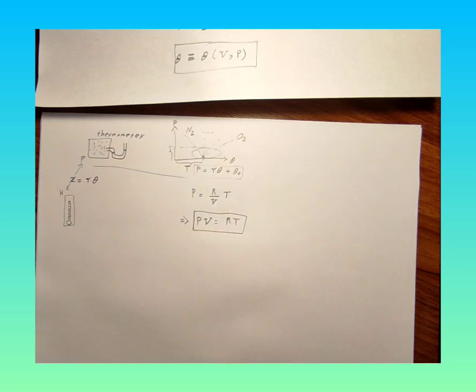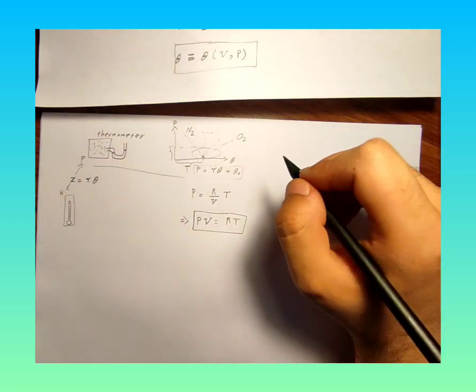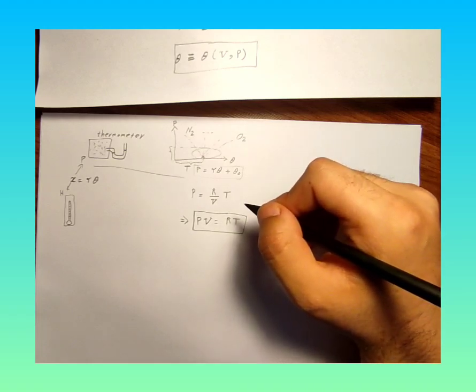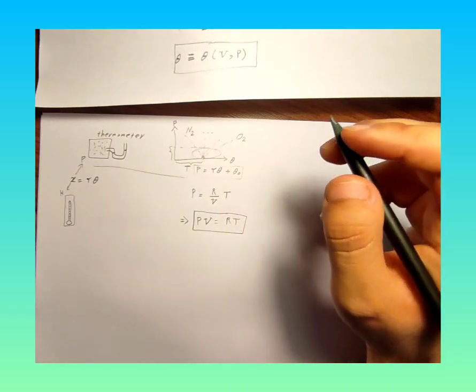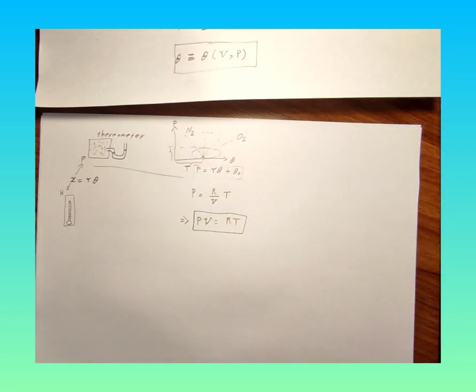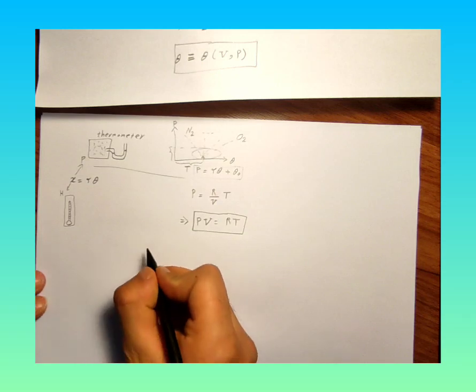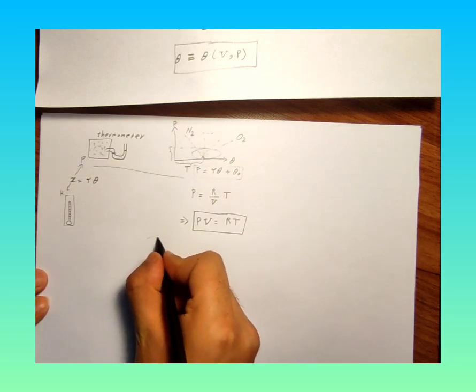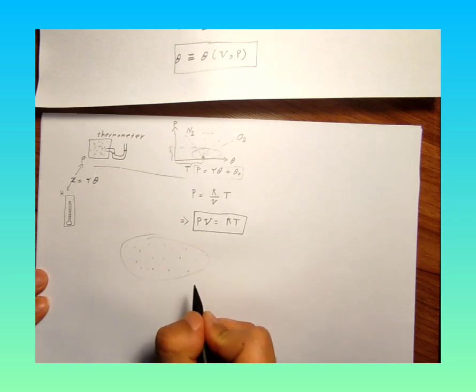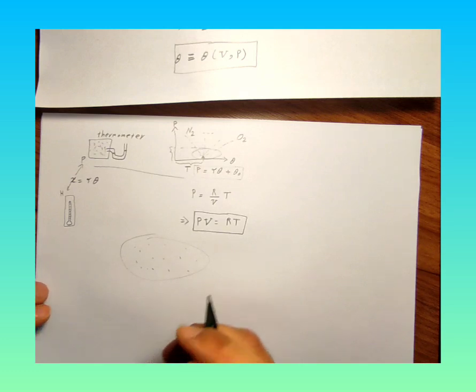But care about this point that this has a circumstance that is correct in low pressures. Okay, this is one property of the ideal gas. An ideal gas has very low pressure. Actually, the particles are not too close to each other, and the particles don't have volume.